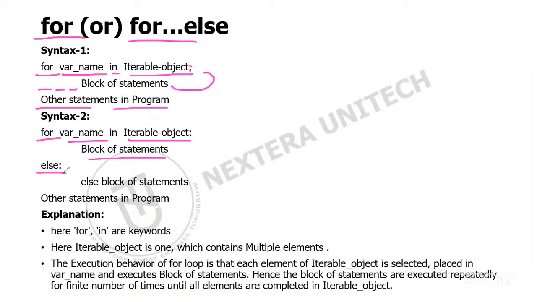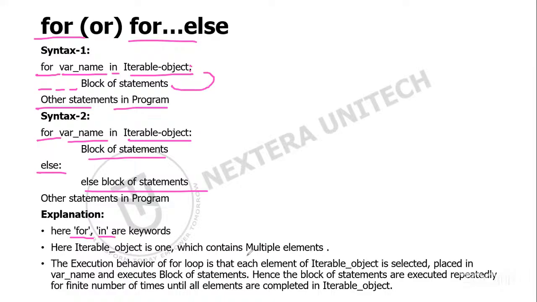We can also add else block. Under this else block, we can also define our block of statements. These block of statements will be part of else block. Then coming to the explanation, within for loop, we'll have for and in as the keywords.